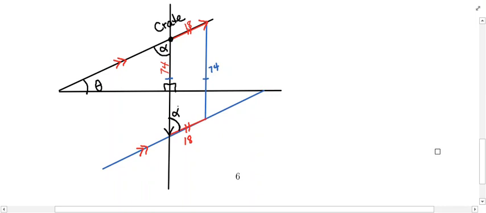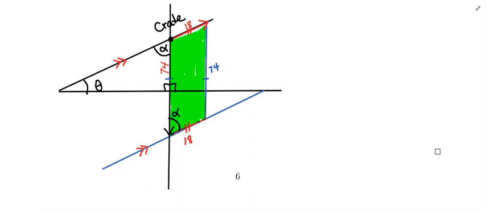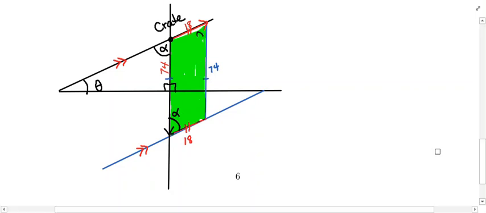So this has to be alpha. But now if I'm looking inside this parallelogram, I know that opposite angles have to be equal, so that means this angle right here also has to be alpha.